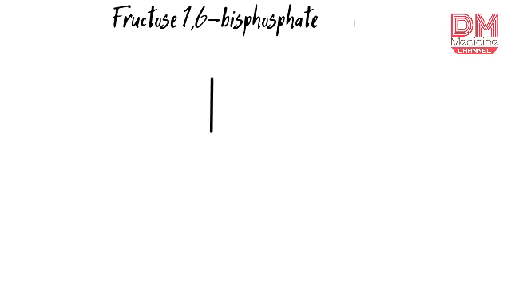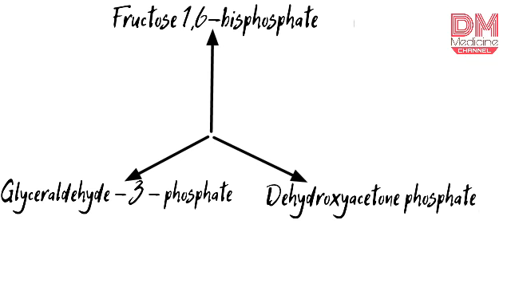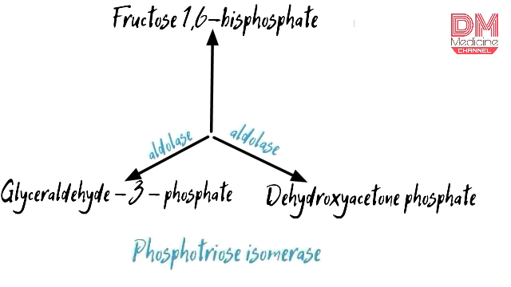Then the 6-carbon fructose 1,6-bisphosphate is split into two 3-carbon compounds, glyceraldehyde 3-phosphate and dihydroxyacetone phosphate, with the help of the enzyme aldolase. So the enzyme phosphotriose isomerase catalyzes the reversible interconversion of glyceraldehyde 3-phosphate and dihydroxyacetone phosphate. 2 molecules of glyceraldehyde 3-phosphate are obtained from 1 molecule of glucose.